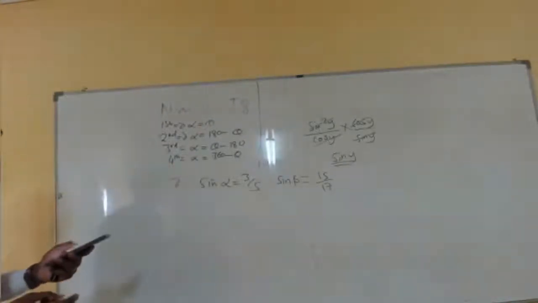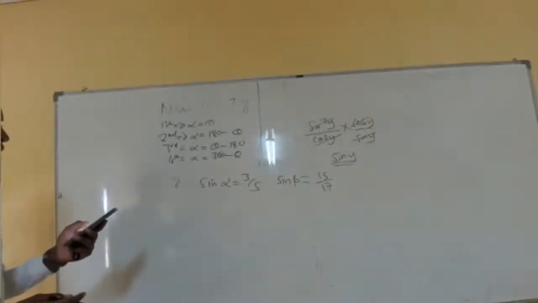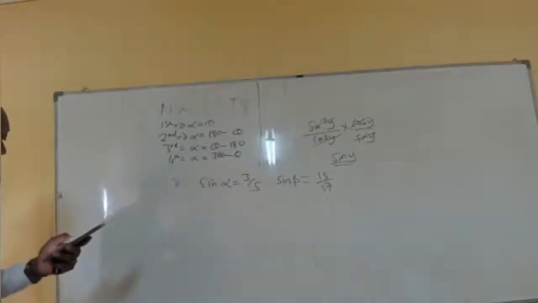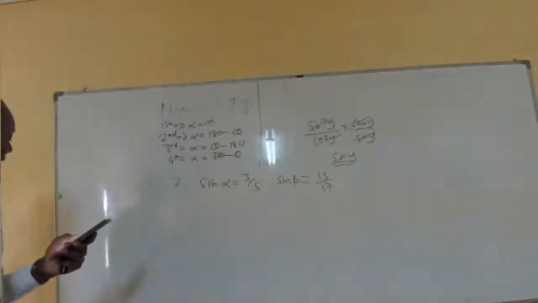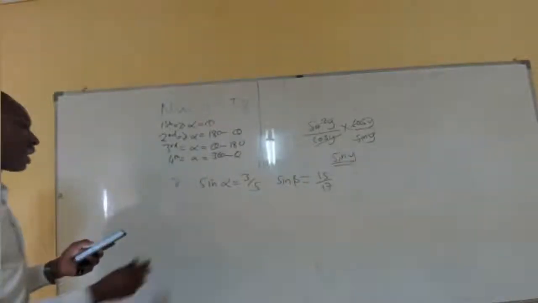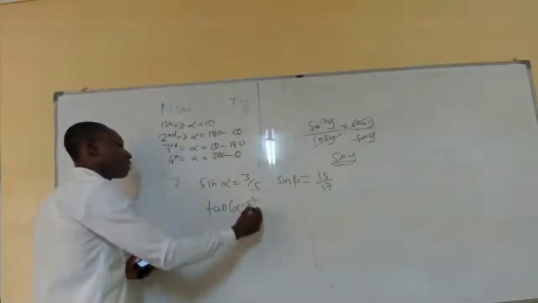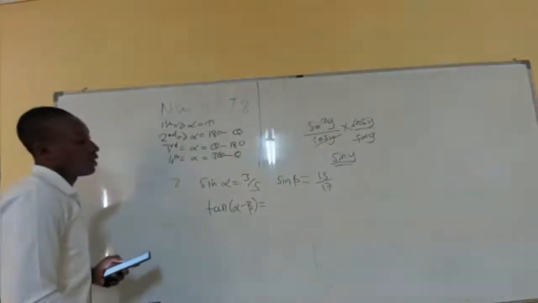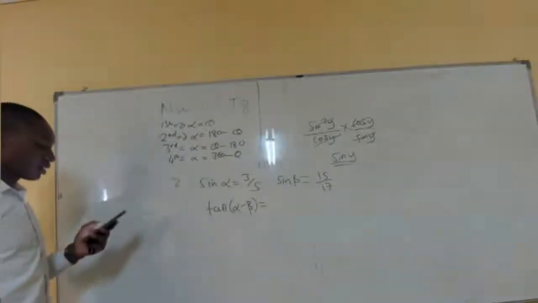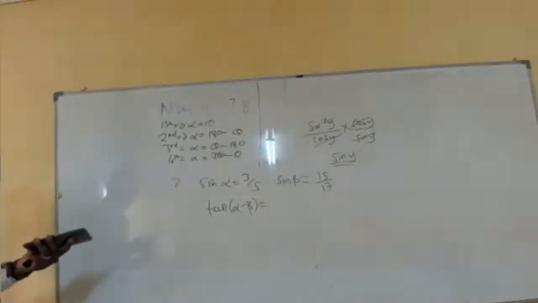Beta is in the second quadrant in this case. Find tan alpha minus beta, and also find tan alpha plus beta.